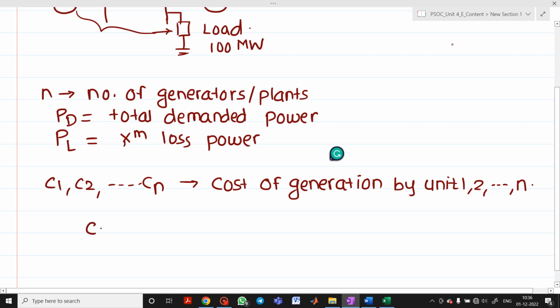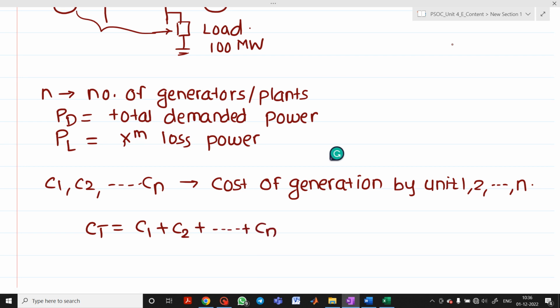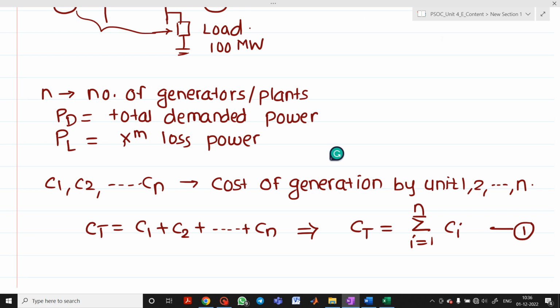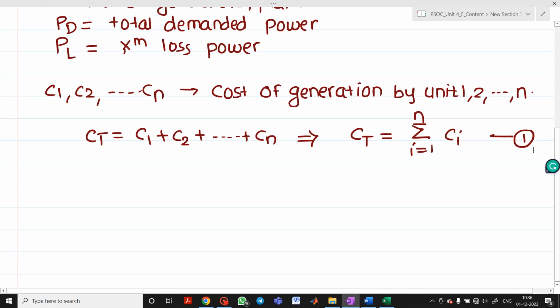So we know that the total cost of generation will be equal to C1 plus C2 up to Cn. In other words, I can write it as Ct equal to summation i equal to 1 to n of Ci. Let me take this as equation number 1, where this Ct is nothing but your total cost of generation.